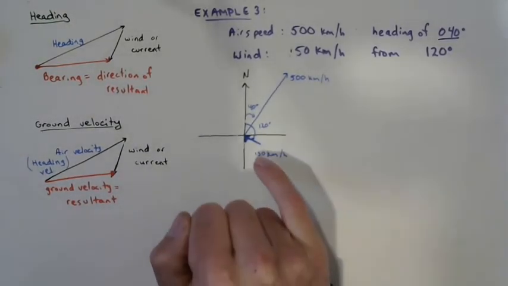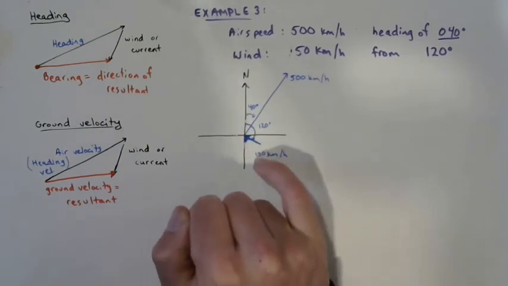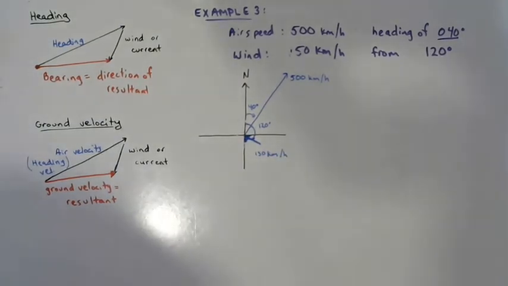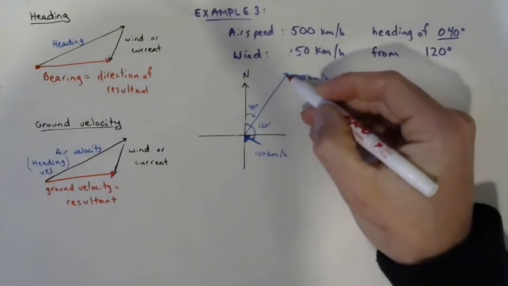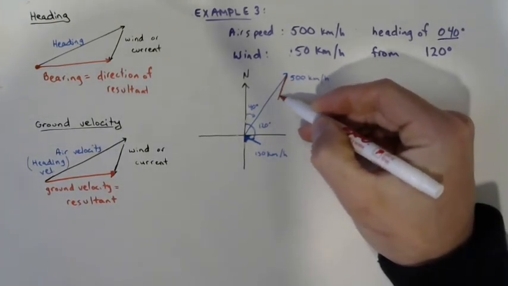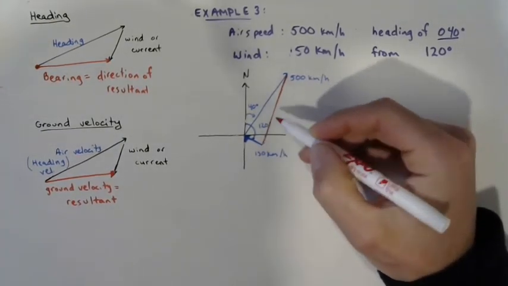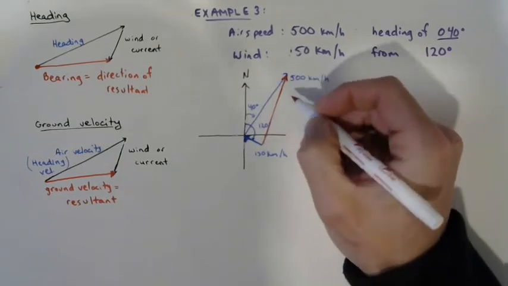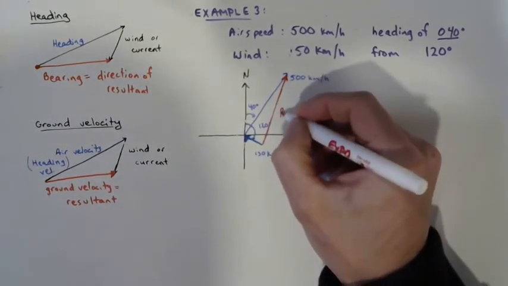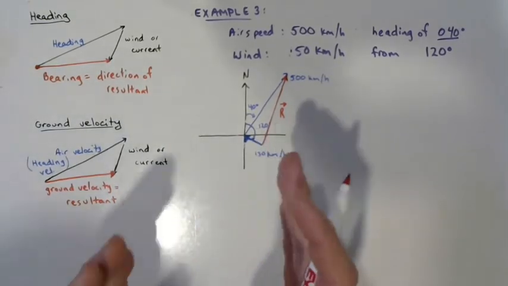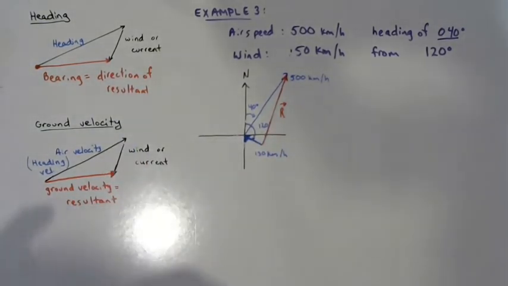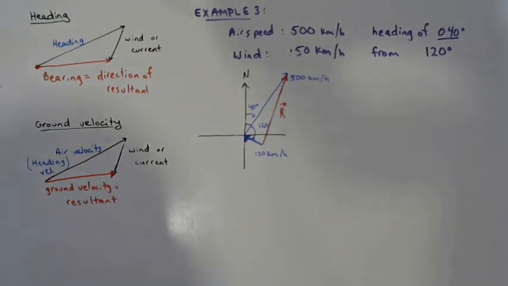Now, because my vectors are tail to head, I can easily draw the resultant. The resultant is right there, heading this way. And if you need to draw the triangle again somewhere else to get a clearer view, go ahead and do that.